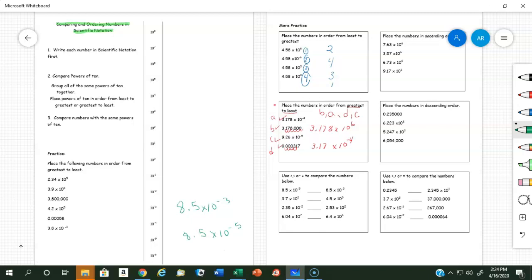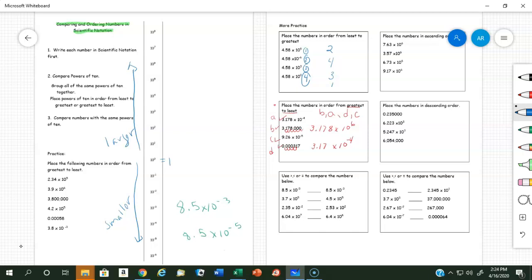Well, I have to keep in mind that as I go in this direction, let's do that in blue. 10 to the 0 is 1. When I go in this direction, things are getting smaller. And when I go in this direction, things are getting larger. So 8.5 times 10 to the minus 3 is going to be larger than 8.5 times 10 to the negative fifth.